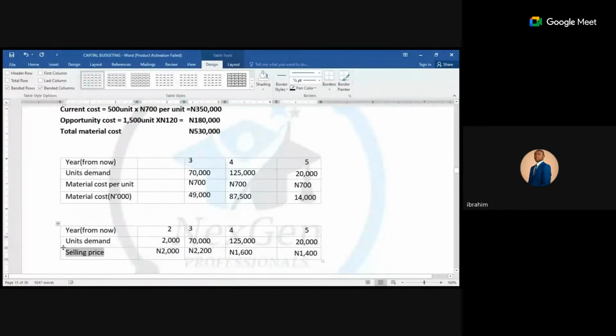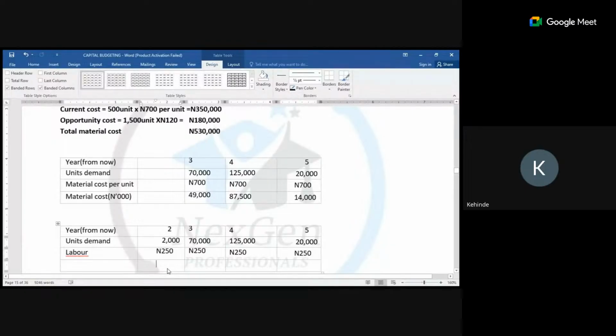Labor, right? So what is the cost per unit, class? What is the cost per unit? 250 naira. 250. Okay. So what do we have here?